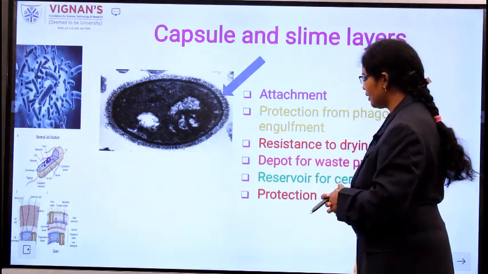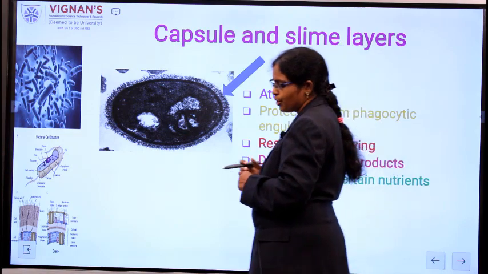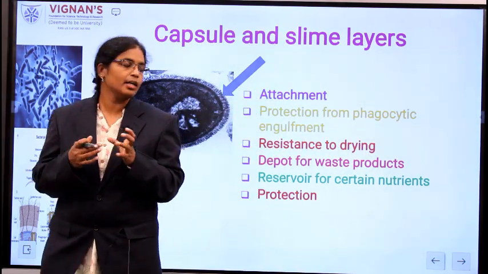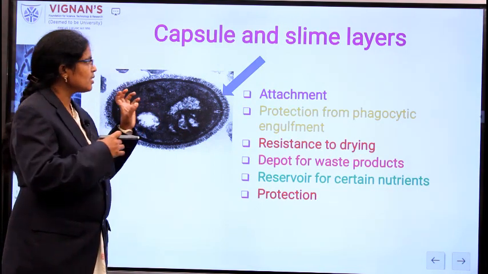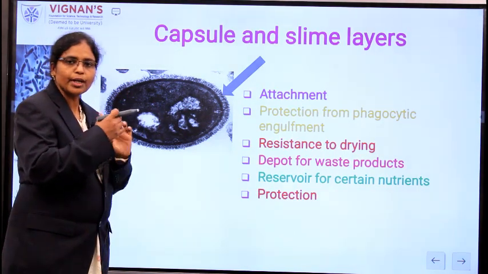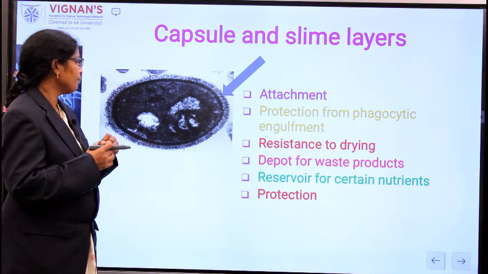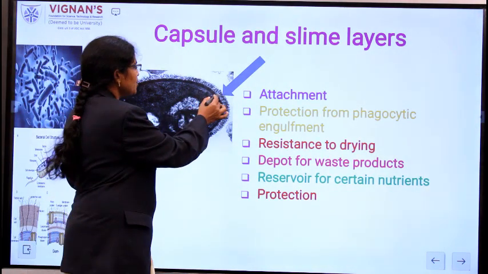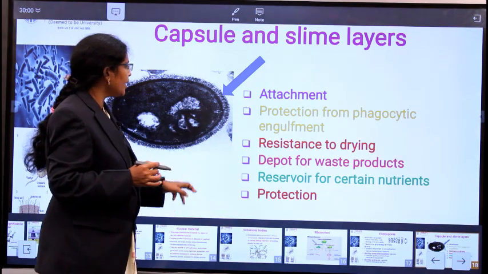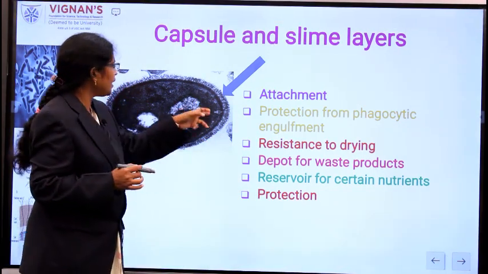And the capsule, this is the external outer layer. Generally gram-negative organisms produce this capsule in order to protect themselves from the host system. Here in this picture you can observe the surrounding layer is the capsular material.